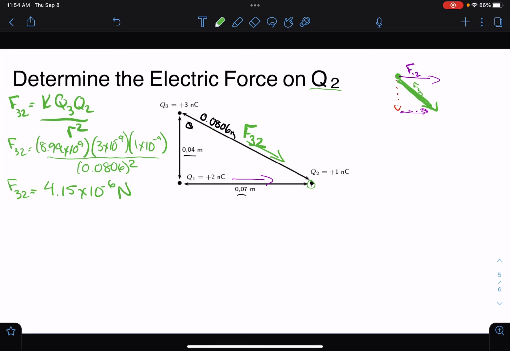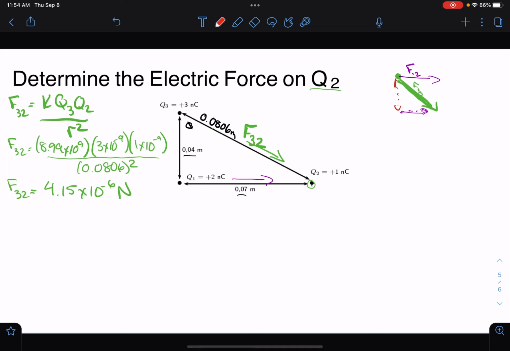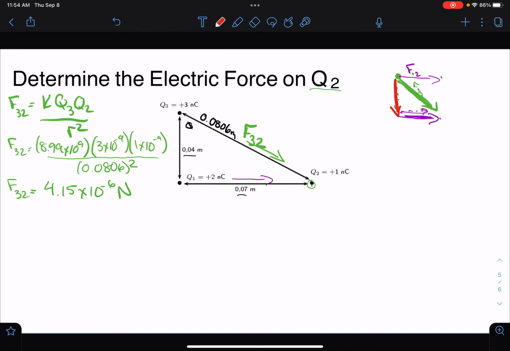All right, so that force we are now going to have to break into a y component and its own x component here, so we can add our two x components. Okay, so I'm going to start with the y. Actually, it really doesn't matter which we start with, but we can start with the y.